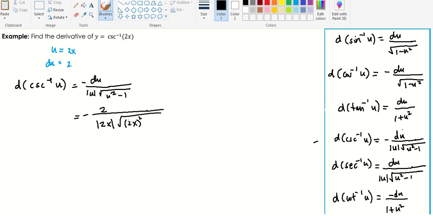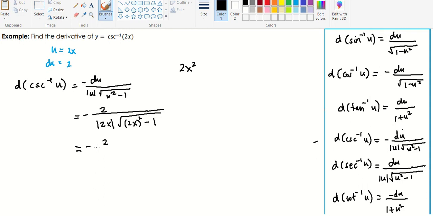Kailangan po natin maglagay ng quantity or parenthesis kasi pag wala kang nilagay na parenthesis, parang ganito yung mangyayari niyan, which is very different. Kaya dapat lagi kayo may parenthesis dito, lalo na kapag hindi lang x yung meron kayo, no? So we have 2x squared, then minus 1. Ayan. So let's just simplify this one.